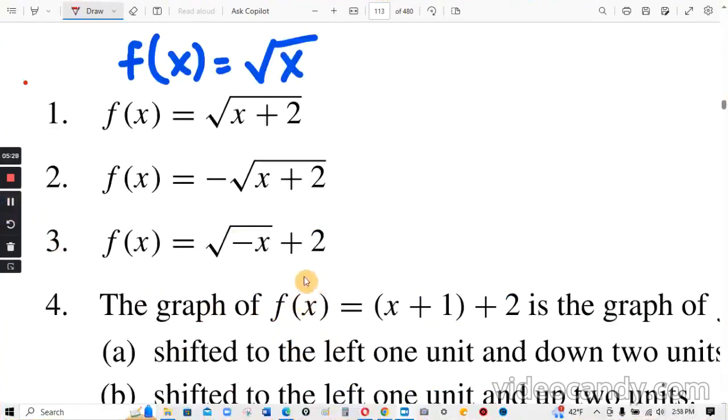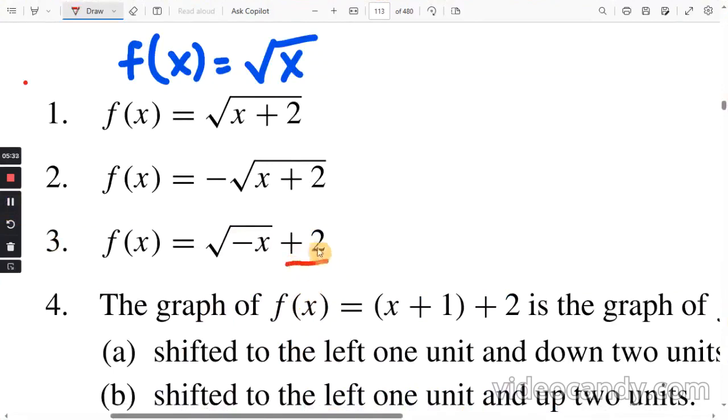All right, finally, number 3, notice the plus 2 is not underneath the square root like these two. So the plus 2 is not added to x, the plus 2 is added to y, okay? And when you add to the y, that makes it go up or down.